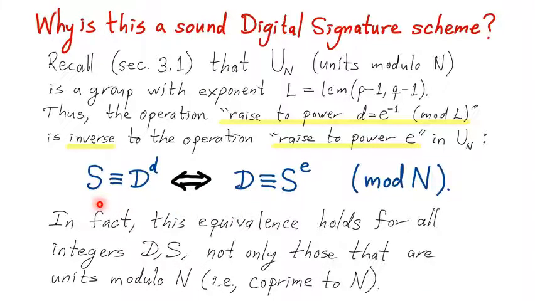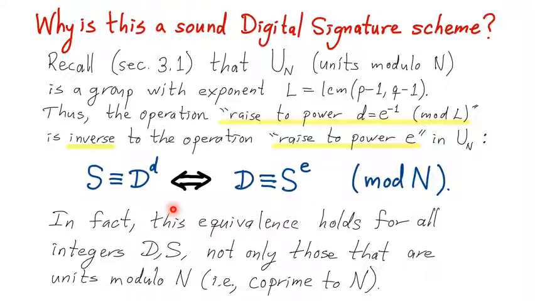So if you do decryption in RSA first, and then the encryption, you go back to the document you started with. So the fact that this is a two-way street, an if and only if, means that there is a mutual bijective correspondence between the document D and its signature S, and it's a back and forth.